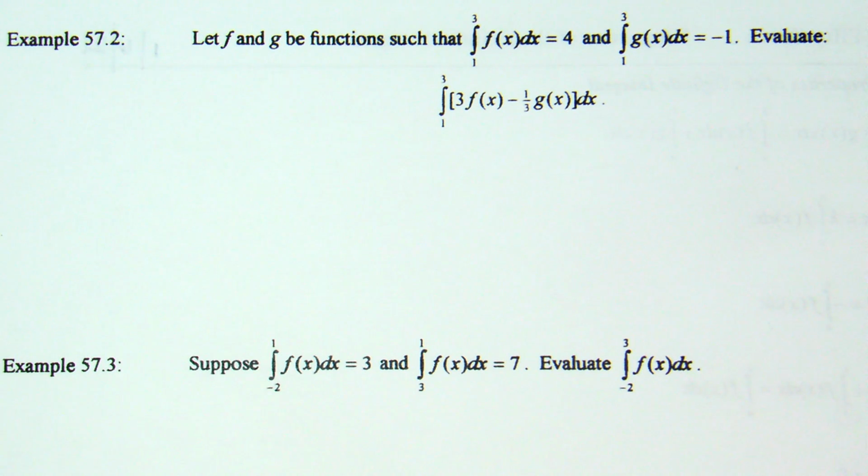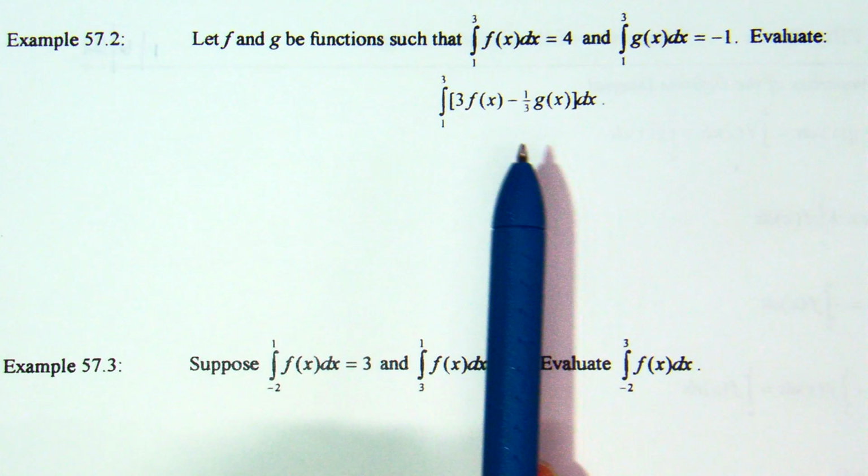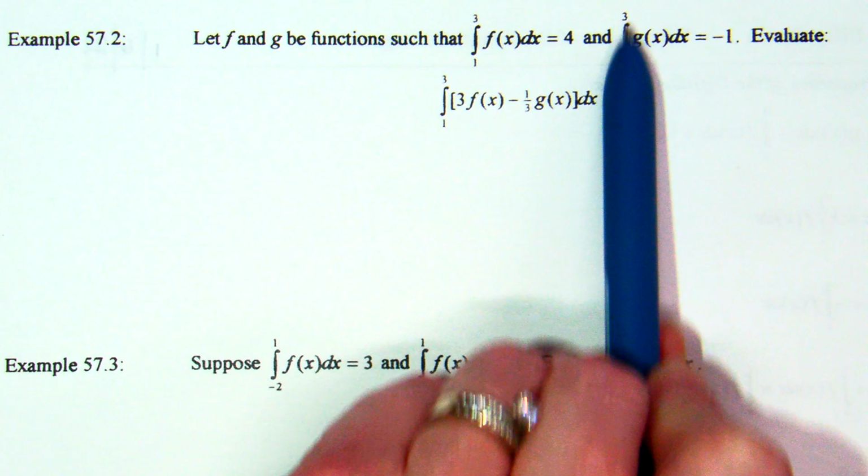The idea here, can you guys see where we're going with this maybe? They defined the integral from 1 to 3 of f and from 1 to 3 of g. We need to get this broken down so that that's what we have.